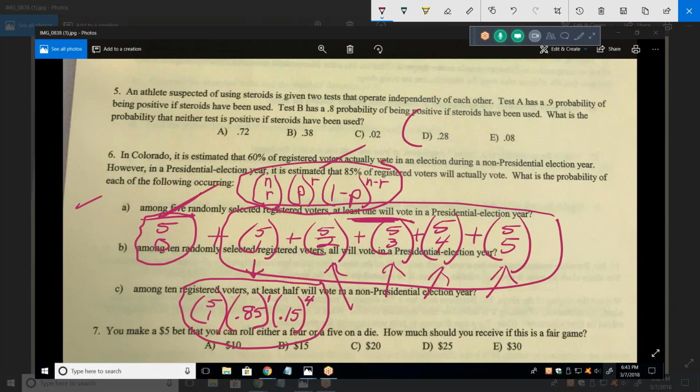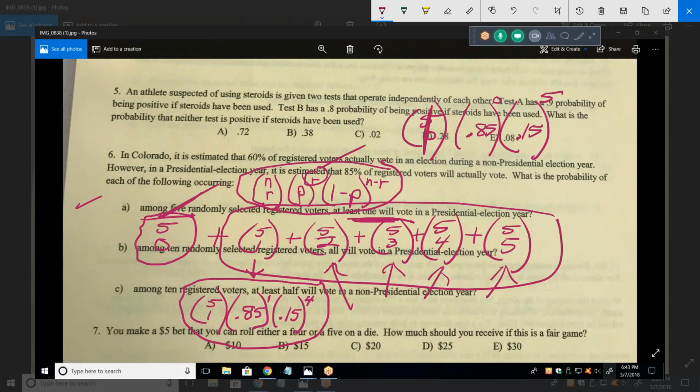It's 5 taken 0 at a time, which is the number 1. Remember, it's n factorial over n minus r factorial times r factorial. So that's the number 1. And then it's 0.85 to the 0 power, because it's r, and then it's 0.15 to the 5th power.